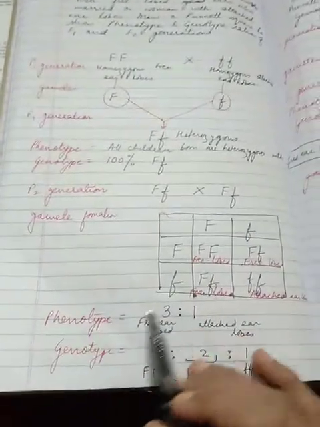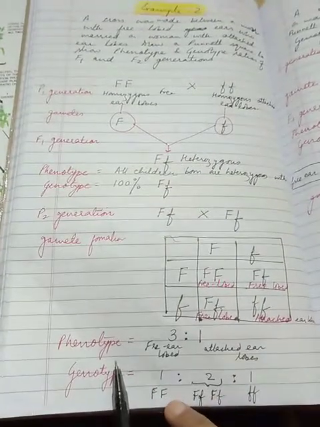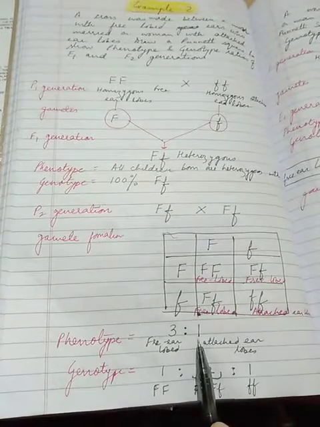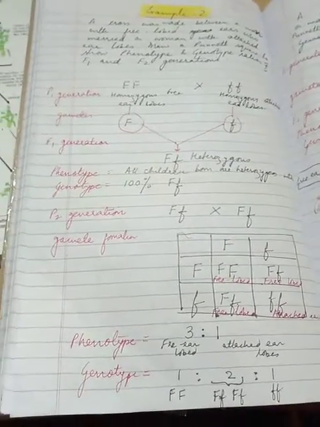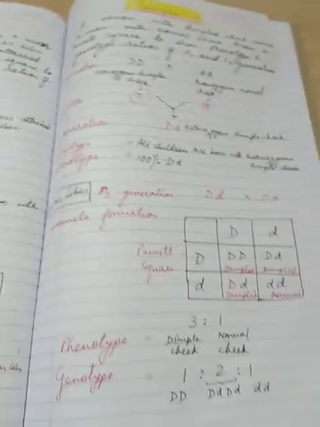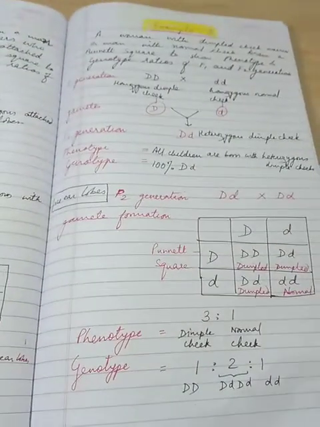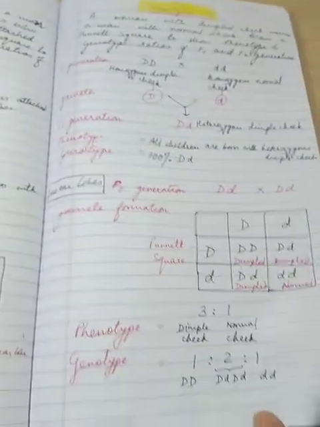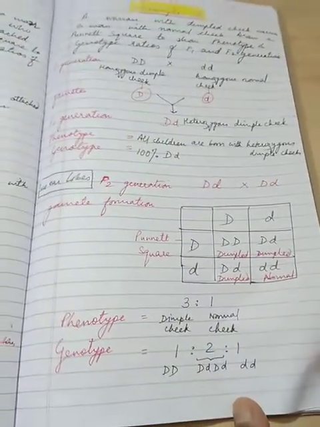Look at this answer once again. This was example 2 we did last time. I hope you've understood. Again, 3:1 with phenotype, and genotype came 1:2:1. Then a third question I gave you as an assignment. I hope you have done it honestly yourself, but the answer I had uploaded on the group, but I'm sure you have tallied.